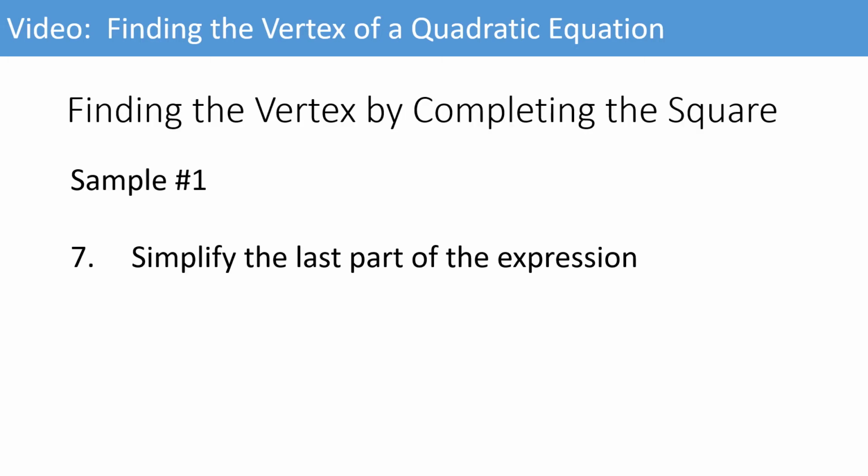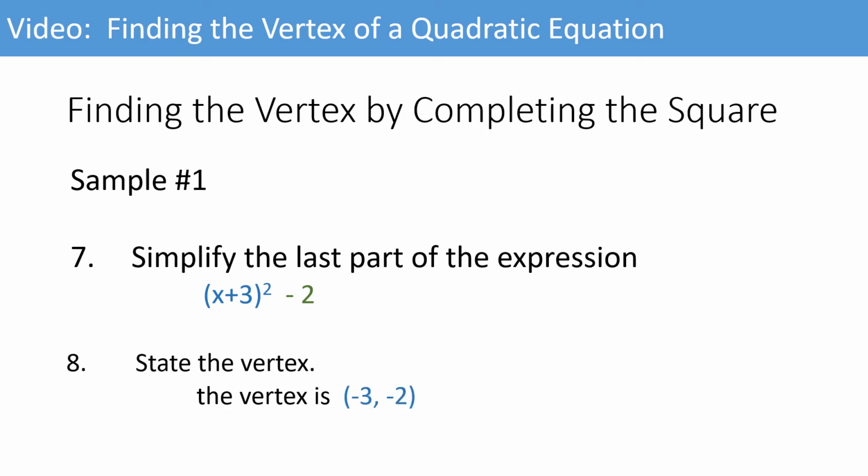Simplify the last part of the expression: (x plus 3) squared minus 2. The vertex then would be (-3, -2).